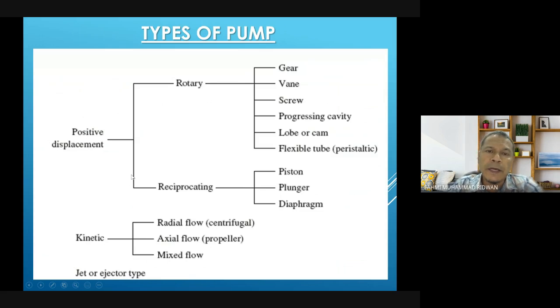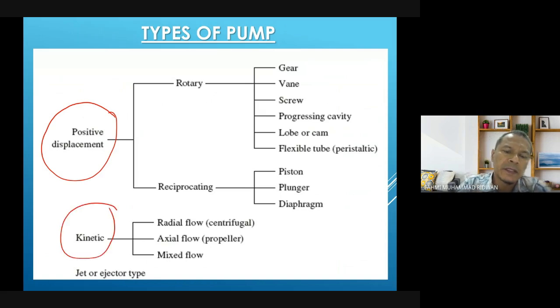Okay, regarding the type of pump, we can divide it majorly into two types. The first one is the positive displacement pump, and the second one is the kinetic pump. Usually, the common pump used in the water distribution system is the centrifugal pump.